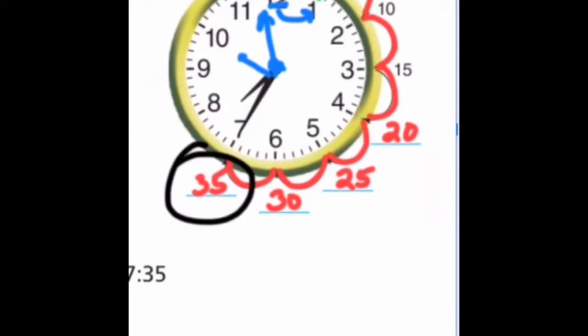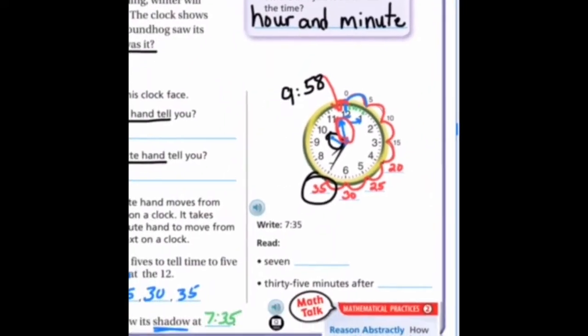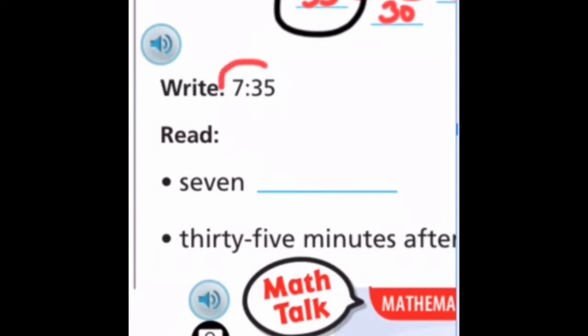So that would mean that this hour hand, while it looks like it's at 10, in 2 more minutes it will be on 10. So my time I wrote was more like 9:58 or something like that, okay? So don't let that hour hand confuse you, especially when the minute hand is right up near the top of the hour. Okay? So it's written as 7:35.